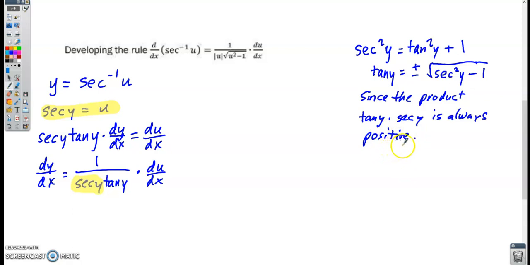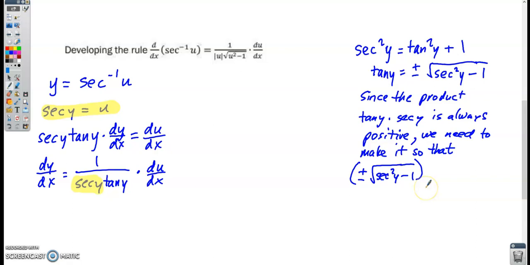So we need to make it so that the product of those two things is always positive. Now tangent of y is this quantity, plus or minus the square root of secant squared of y minus 1. So we need to make it so that plus or minus the square root of secant squared of y minus 1 times secant of y is always positive. And I'm going to go ahead and replace these with the u's.